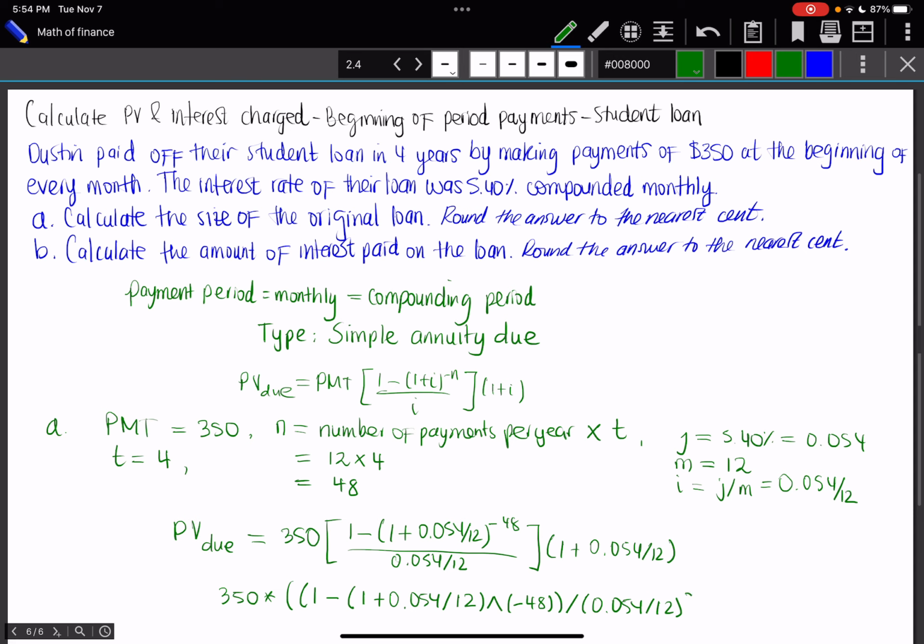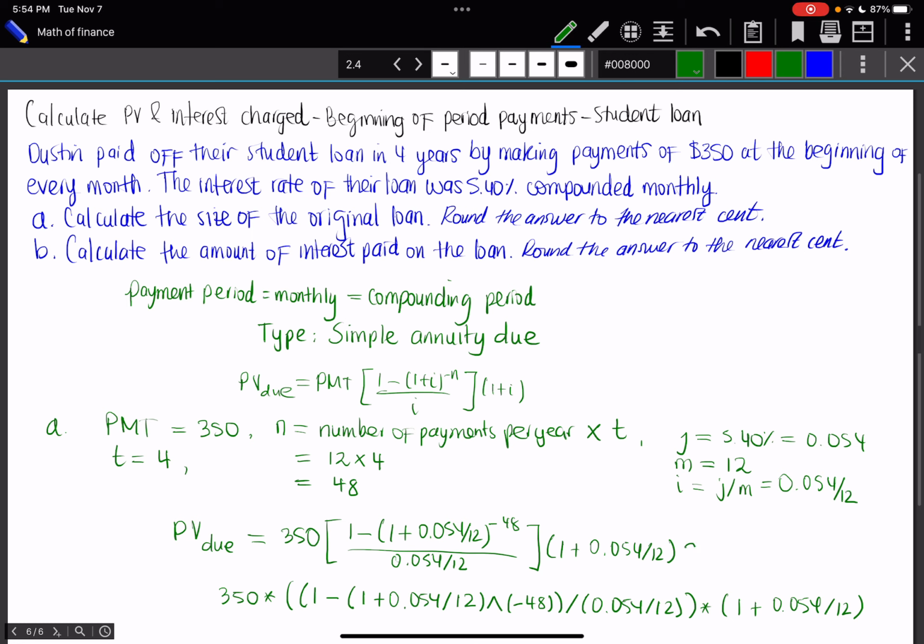And then close bracket again, and then multiplied by 1 plus 0.054 divided by 12, and then close bracket. So just be mindful of all brackets we need to use when we work with a calculator.